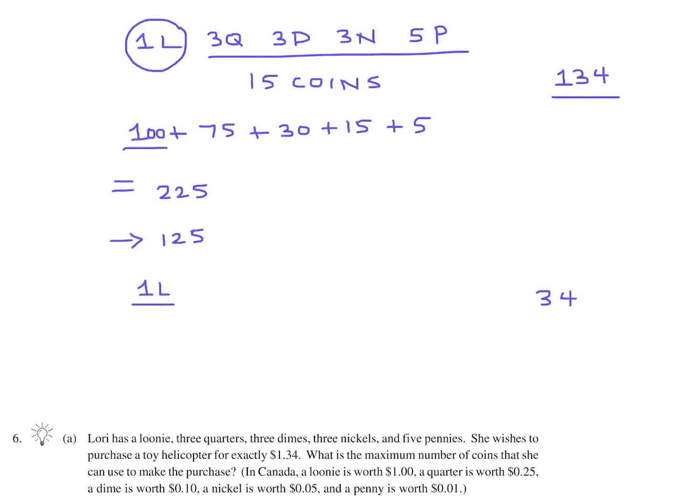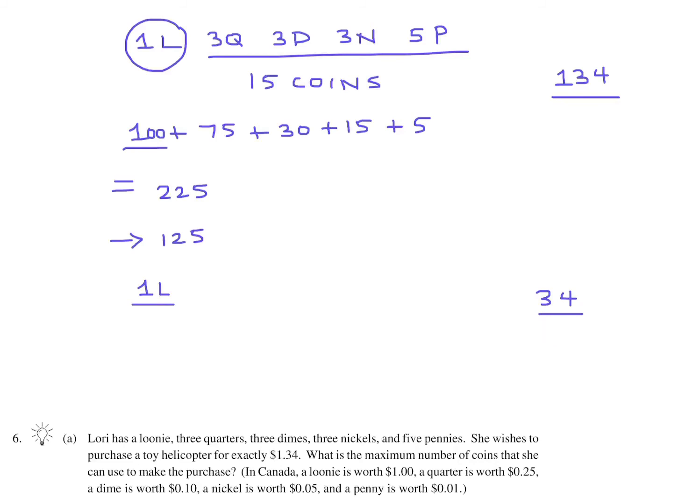This is just one of those trial and error, fiddle around and see what you get. Okay, I want to use a lot of pennies because the smaller the unit is, the more coins I can use. Can I use all 5? I could, but then this would come down to 29, and there's no way for me to get 29 cents with the remaining numbers because they're all divisible by 5 or 10, you know what I mean?